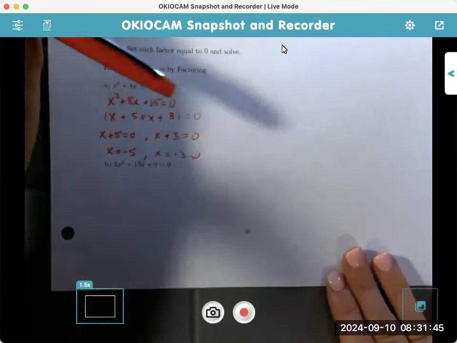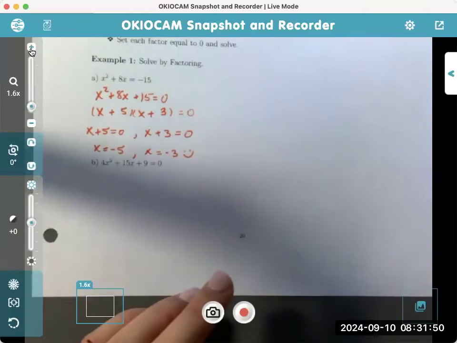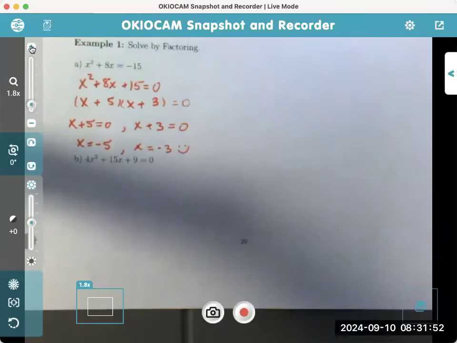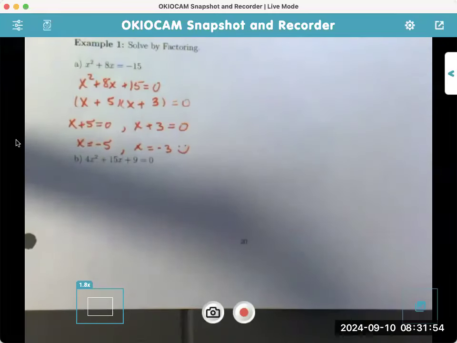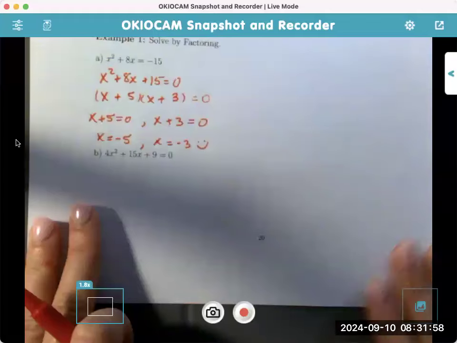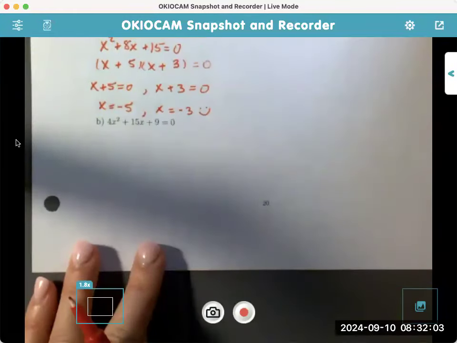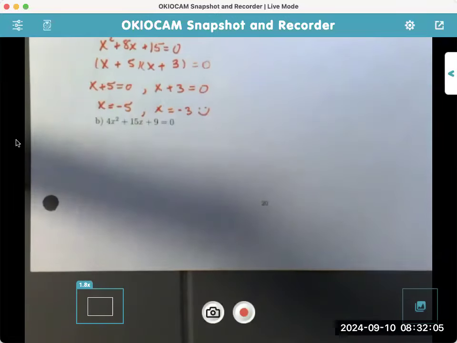Okay. So next, if I have, let me zoom in, sorry, just a second. Much better. So if I have 4x squared plus 15x plus 9, we can do this several different ways. Change colors.